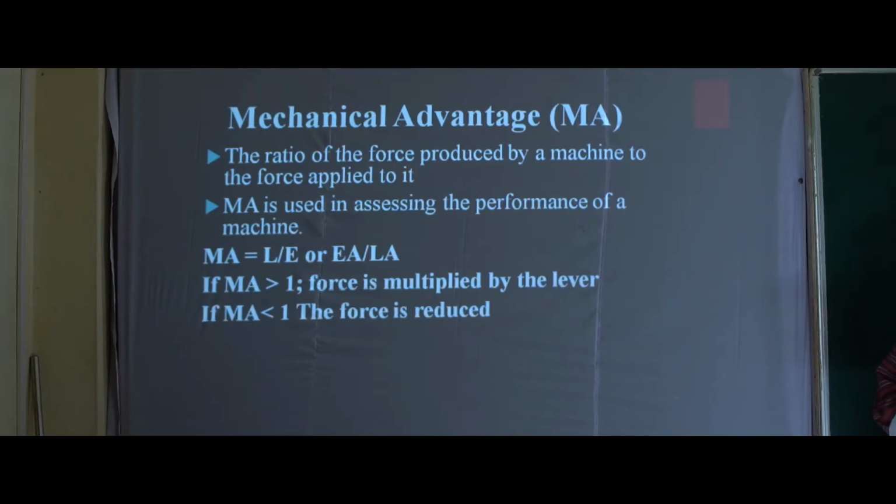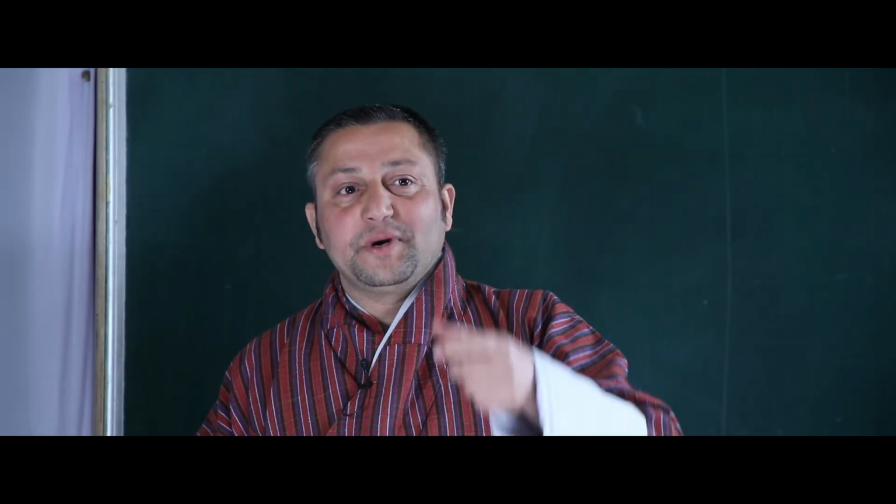Meaning the amount of force that we apply will be multiplied by the lever or the machine. Secondly, if mechanical advantage is less than 1, then we need to understand that force is reduced. In real sense, we apply more force to the machine, but the machine in turn applies less to the object.